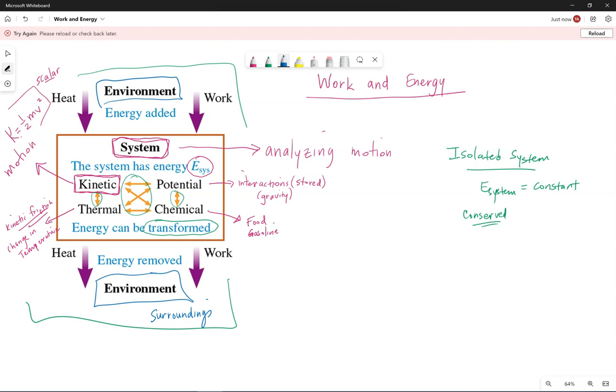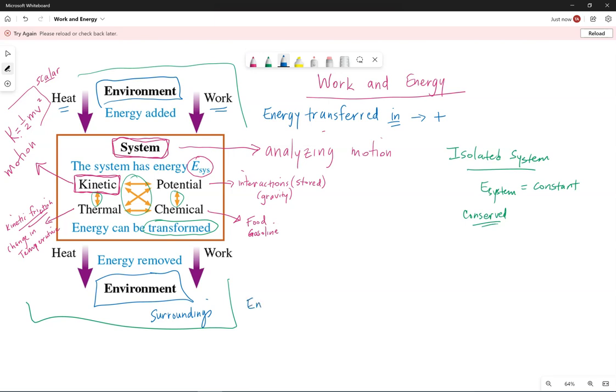From that environment, work and heat are two ways of transferring energy into the system or out of the system. If energy is transferred into the system, we're going to say that work or heat is positive.